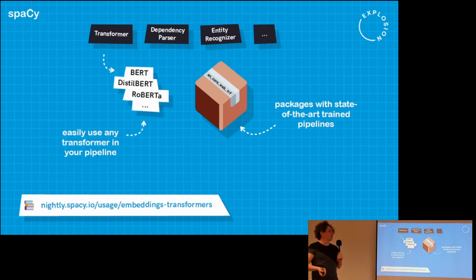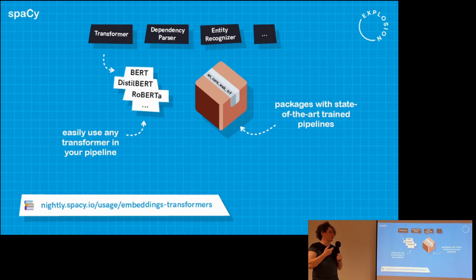So the transformer component here supports the Hugging Face Transformers library, and you can use any transformer that is packaged for that library. They all have names like BERT or DistilBERT, RoBERTa, all of this family of models, and you can plug them straight in and use them very easily.